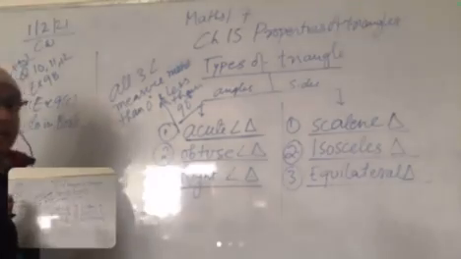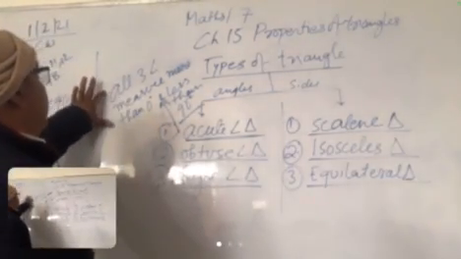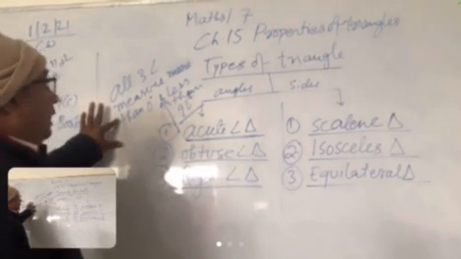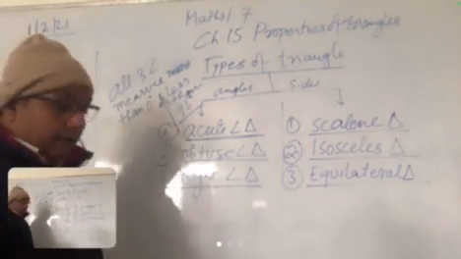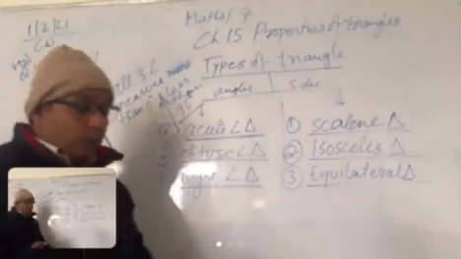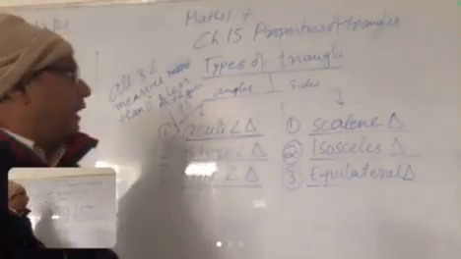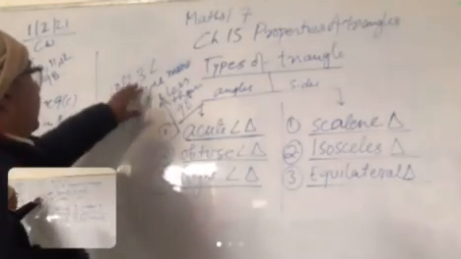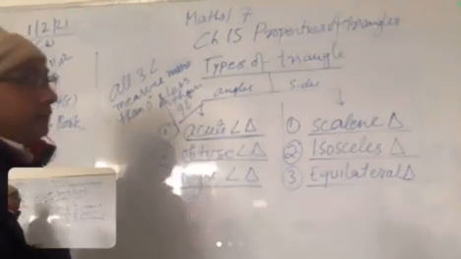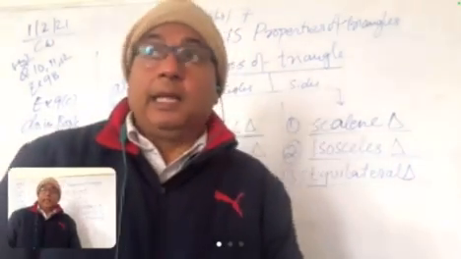What is an acute angle triangle? In an acute angle triangle, all three angles measure more than 0 degree and less than 90 degree. Means whenever an acute angle triangle is formed, all three angles measure more than 0 degree and less than 90 degree, then it is an acute angle triangle.